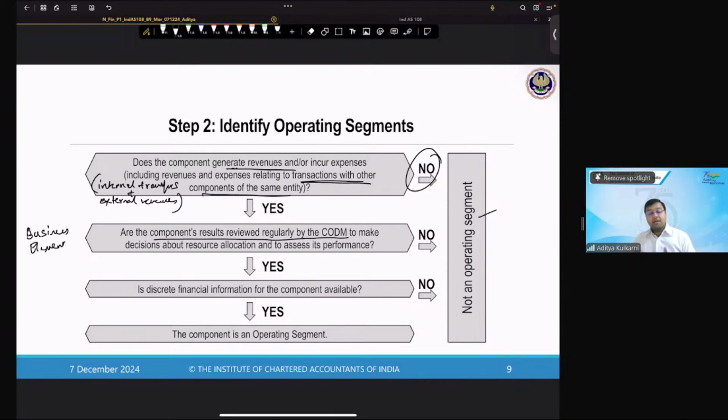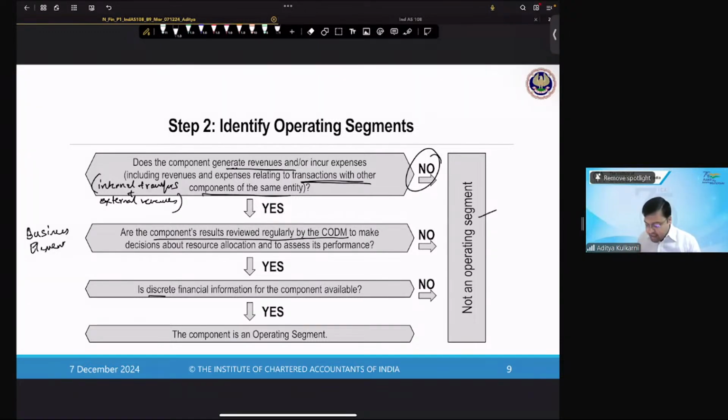That is what it used to say, but here what is written? Are the results reviewed separately by the CODM? So there is a change, there is a radical change in the standard. So are they reviewed regularly? If it is no, it does not become an operating segment. If yes, then we move on to the next one.